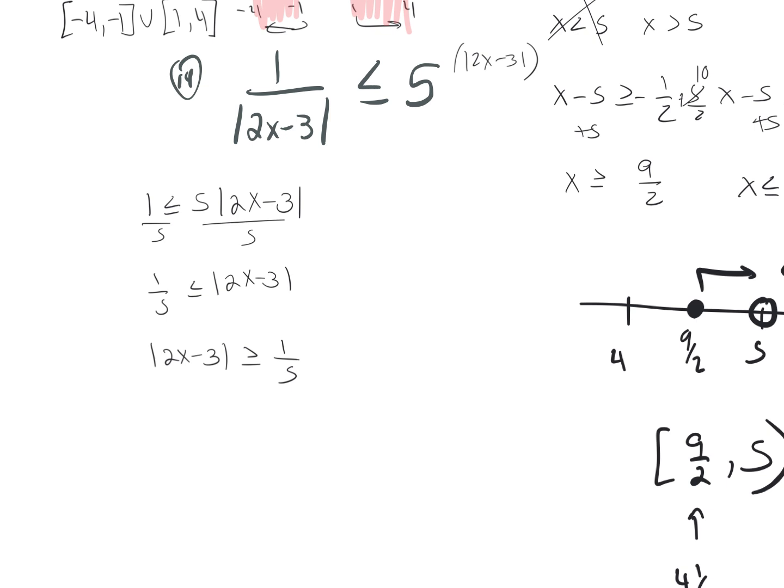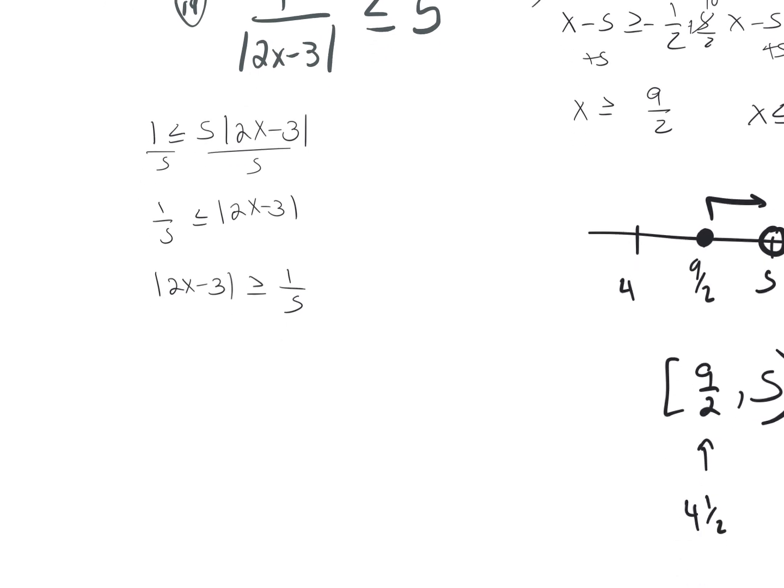Now, after I write it on the left, I can go ahead and start solving it with the negative and the positive 1/5. So it's going to be 2x minus 3 is less than or equal to negative 1/5. And we have 2x minus 3 is greater than or equal to positive 1/5. I'm going to go ahead and add the 3 on both sides. So that will become 15/5.